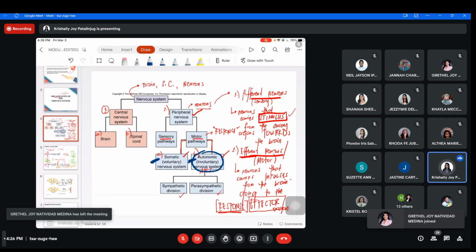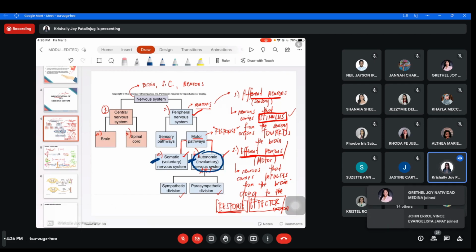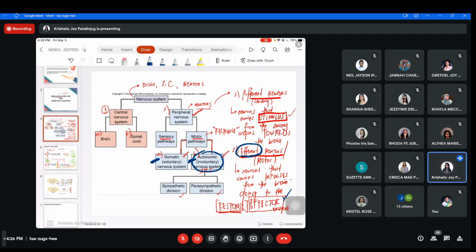And talking about neurons, there are two types, two classes based on their function. We have the afferent and also the efferent. Particularly with efferent neurons, related to them is the response, knowing that the direction of the impulses being carried by efferent neurons is going to the effector organ, therefore focusing on effects or responses.